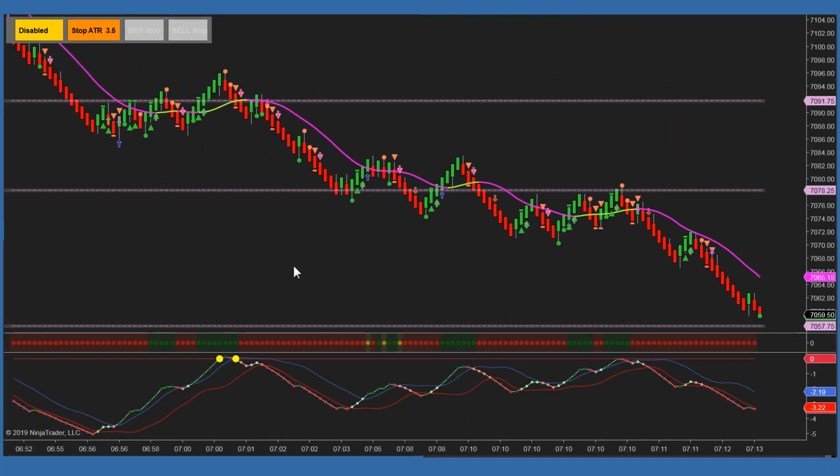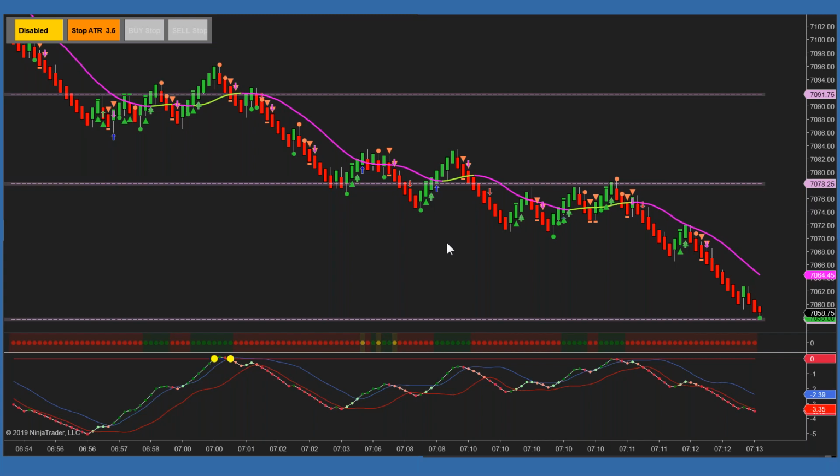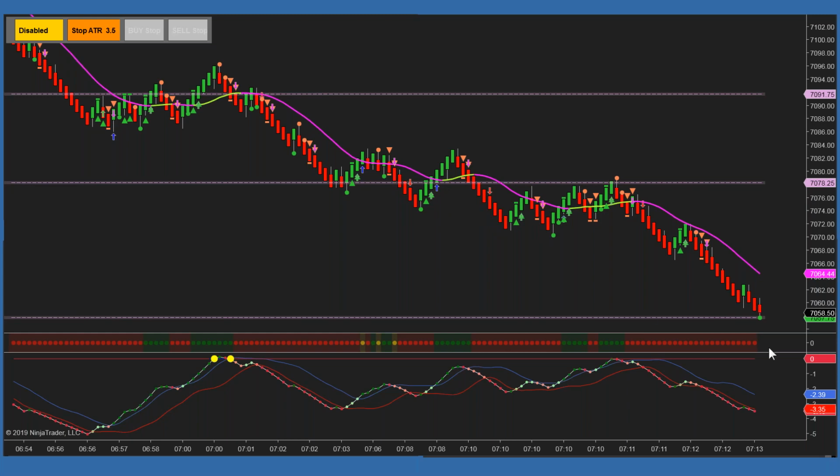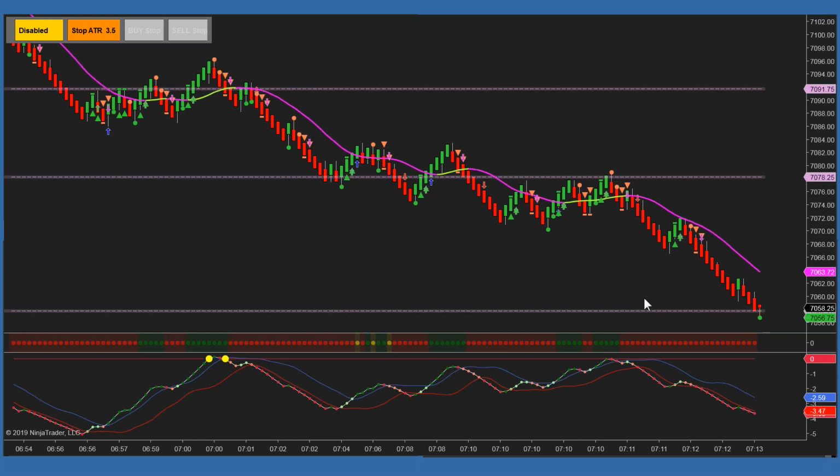I guess we were in sync on the earlier one, but not on the last one. A nice little trend change signal following on my earlier shorting attempt from back here. But yeah, we did get down there to the profit target eventually.